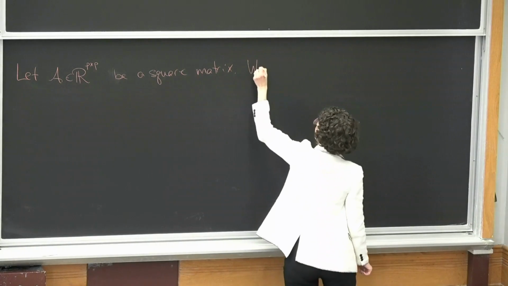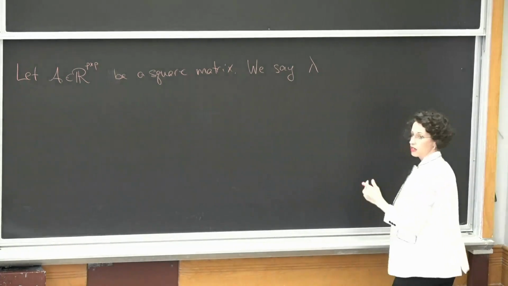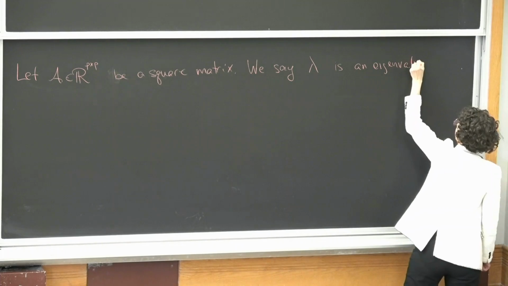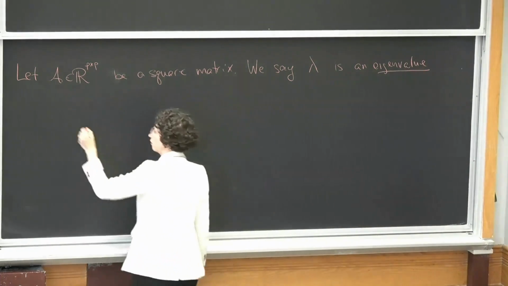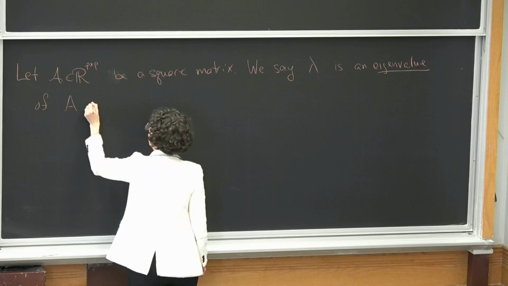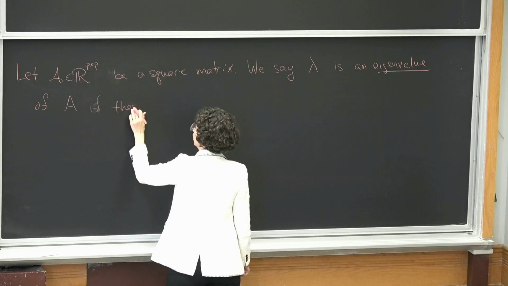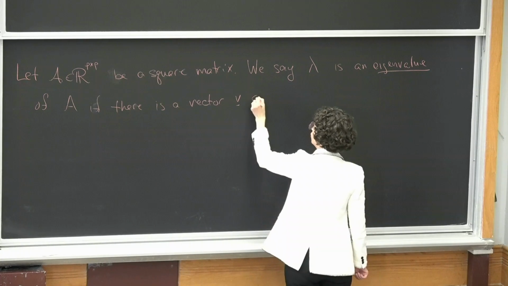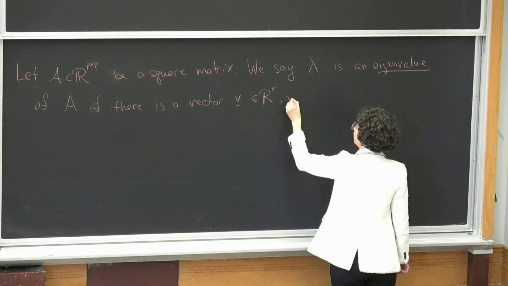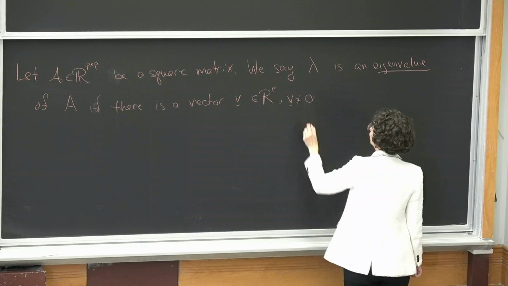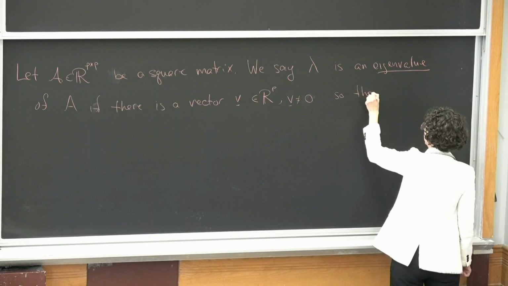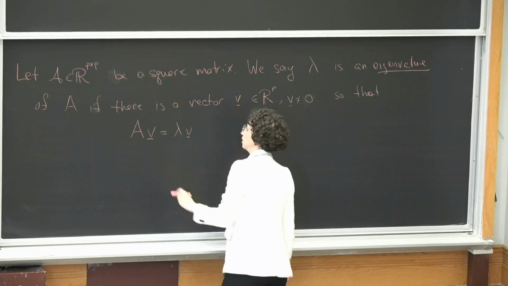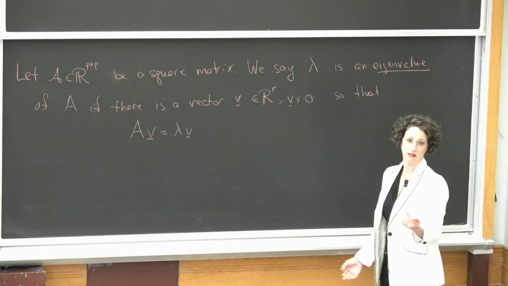We say that lambda, a scalar, is an eigenvalue of A if there is a vector v, which is also a p-dimensional vector, where this vector is not equal to 0, so that we can write the product of A times this vector, and what we get out is a scaled version of that vector, and the scaling factor is lambda.